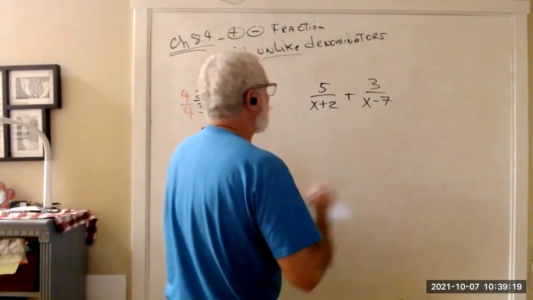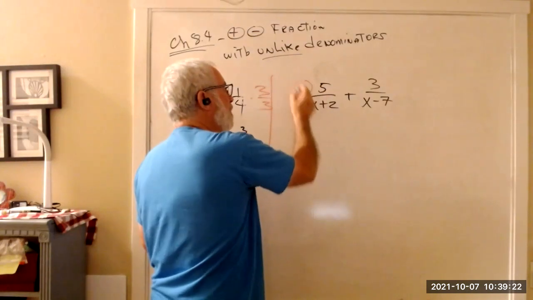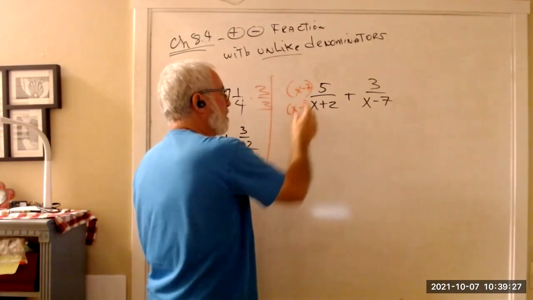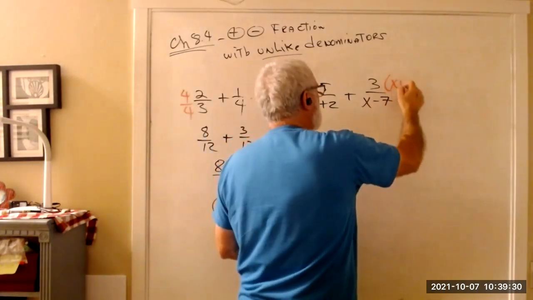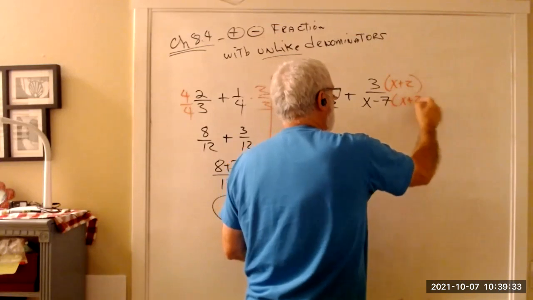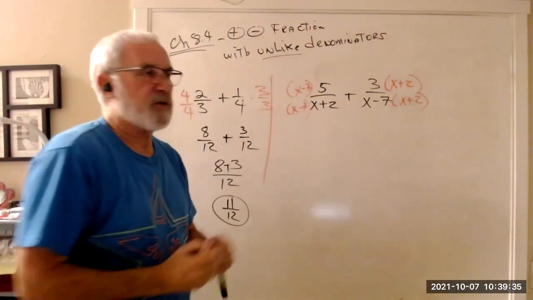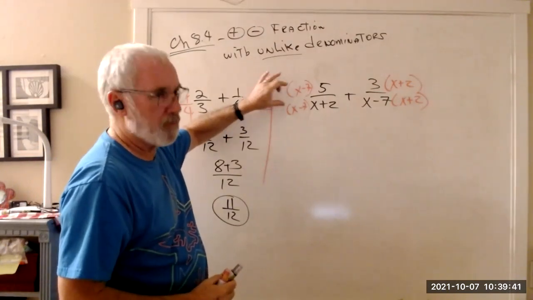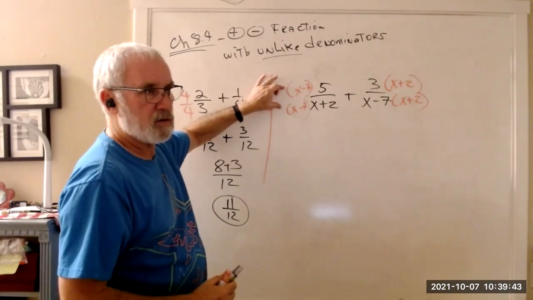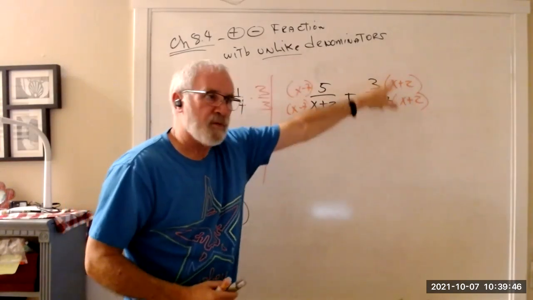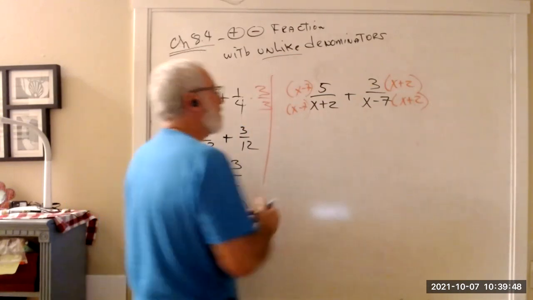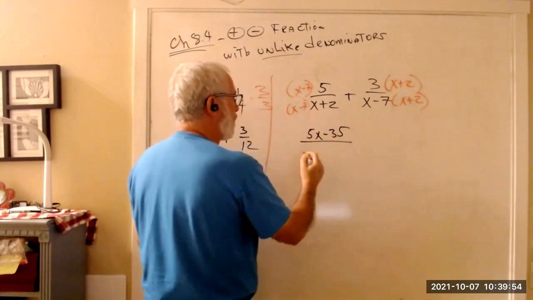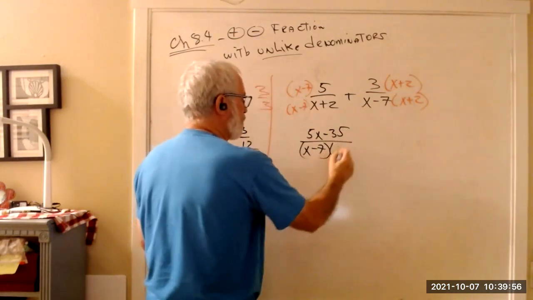You can just say, I'm going to multiply this one by x minus 7, top and bottom, and I'm going to multiply this one by x plus 2, top and bottom, because technically you're only multiplying by a 1. Yes, it's a weird looking 1, but it's a 1. And this is a different form of 1. So when you put this together, this becomes 5x minus 35 over x minus 7, x plus 2.